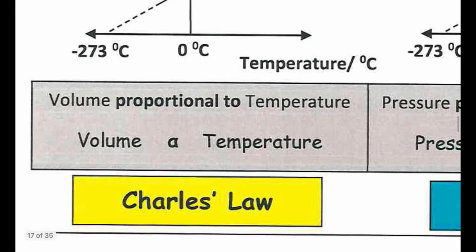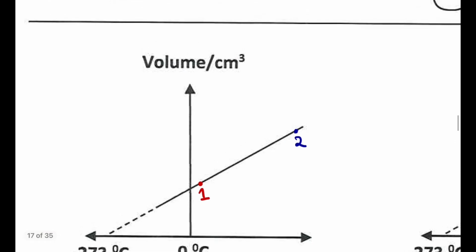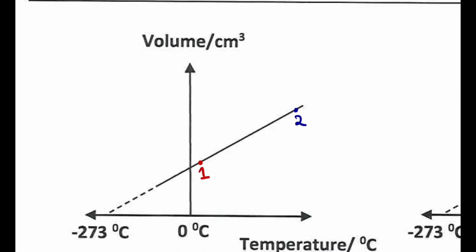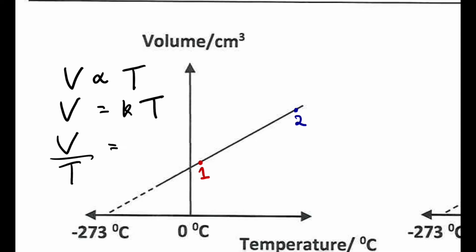Now, the relationship shown on this graph states that at a fixed pressure, the volume is proportional to the temperature, otherwise written as V equals kT, where K is a constant value to do with the amount of gas that you have.